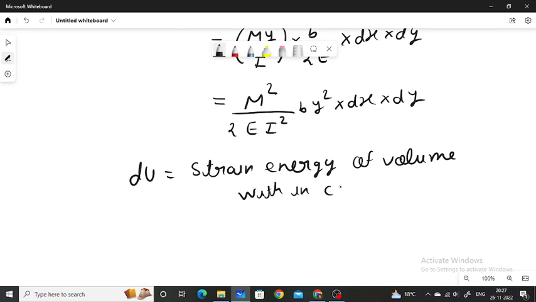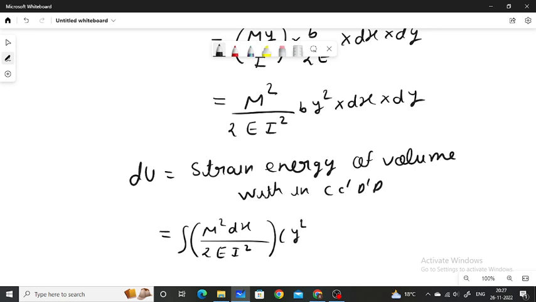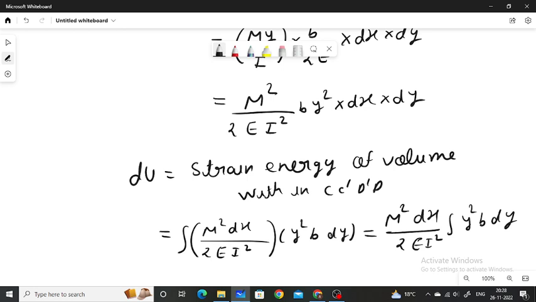Within C dash D dash D. Integration M square dx. Okay.